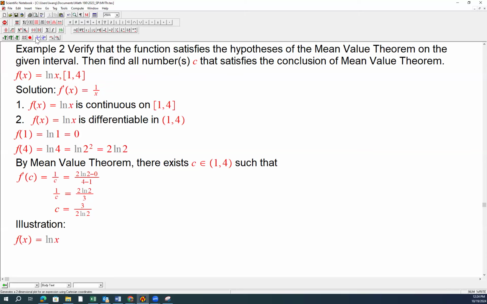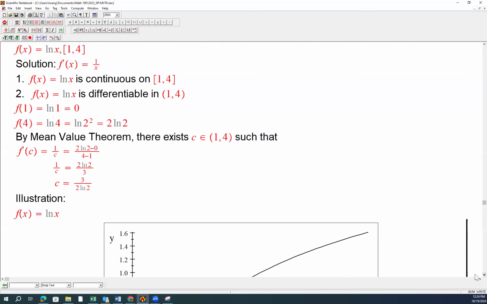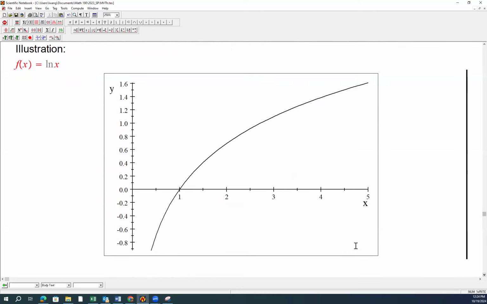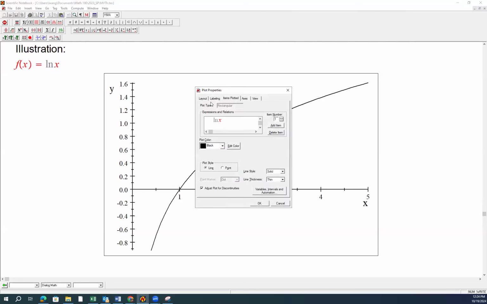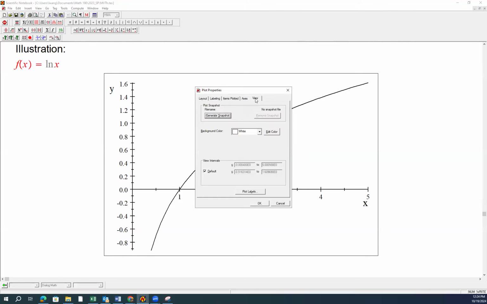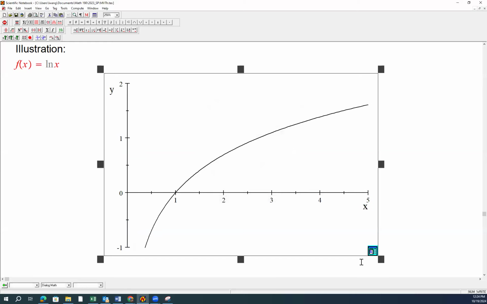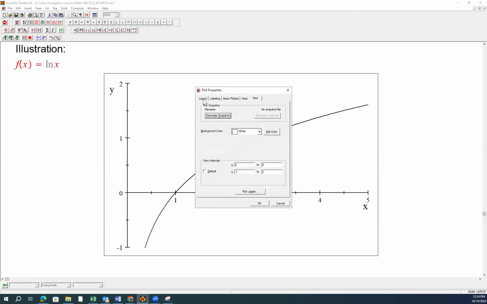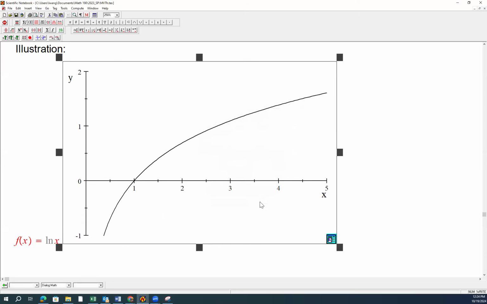We're going to draw the picture from 1 to 4. This is going to be 5, and this is negative 1 to, say, positive 2. That should be sufficient.